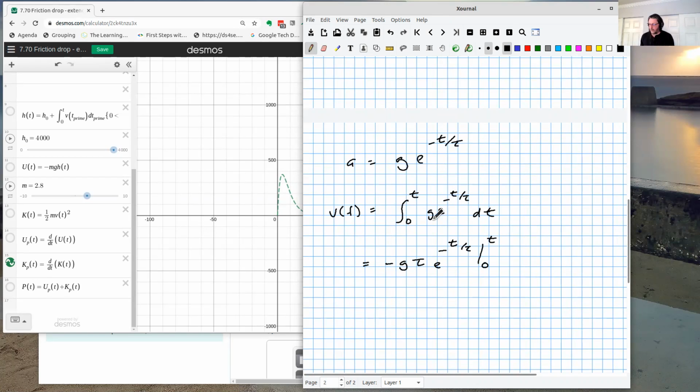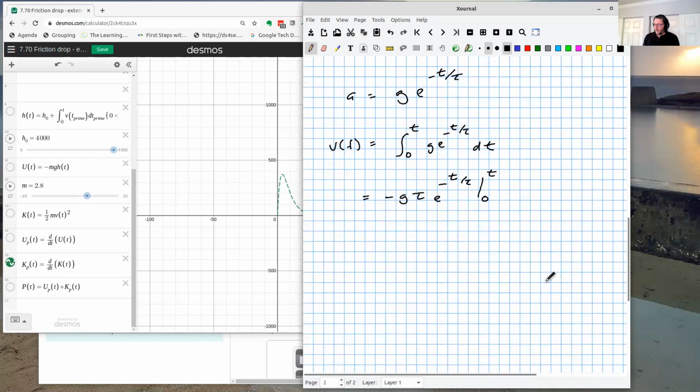Because the integral kicks out that 1 over tau factor. That works out to be minus g tau times (e to the minus t over tau minus 1), because e to the 0 is 1. Okay, so you can already see how there's a limiting behavior in this velocity function.